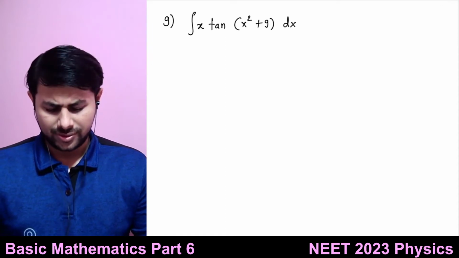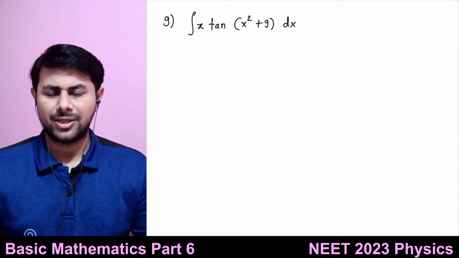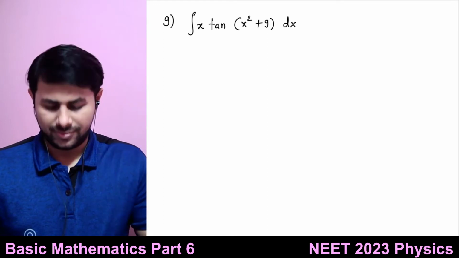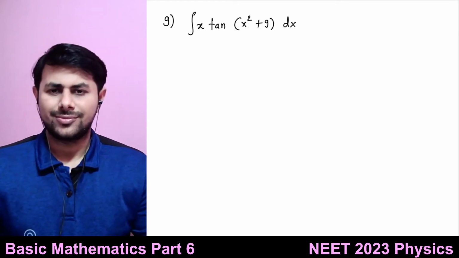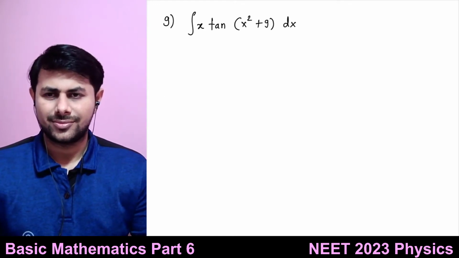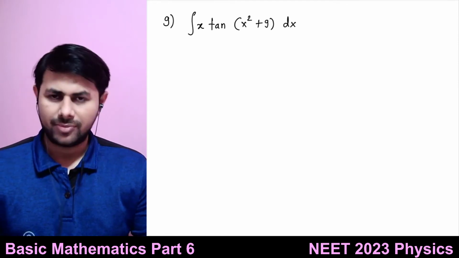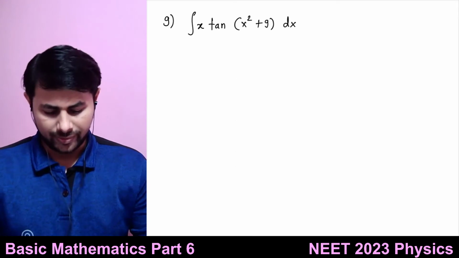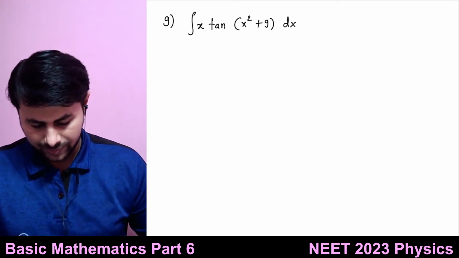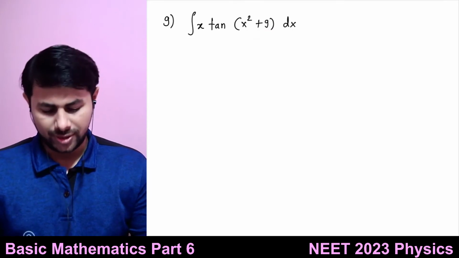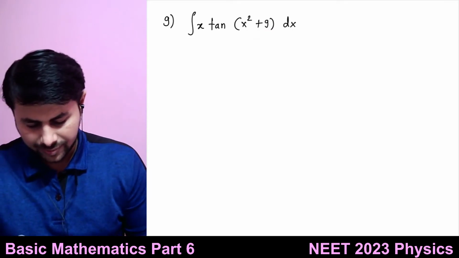Then what about this? I have x tan of x square plus 9. Multiply and divide by 2. Okay, we will multiply and divide by 2. Then substitute t for x square plus 9. Okay.